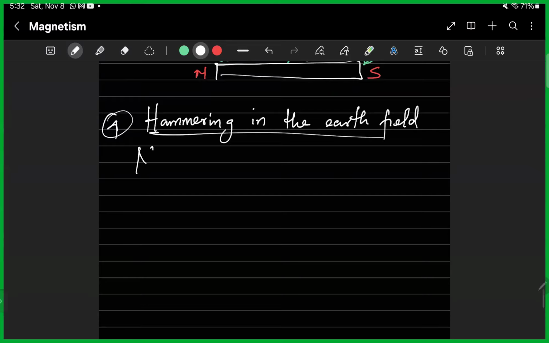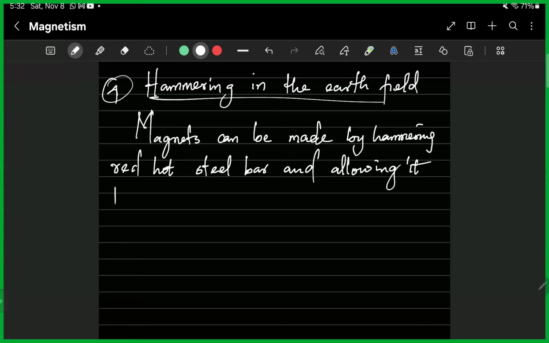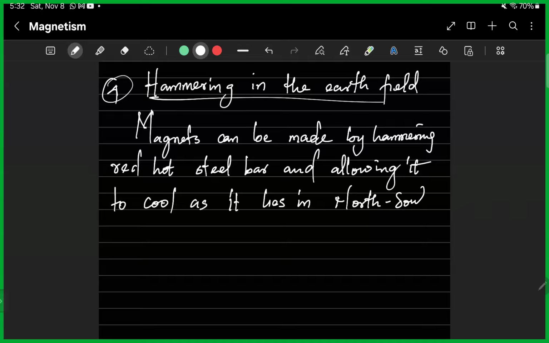So magnets can be made by hammering a red hot steel bar and allowing it to cool as it lies in the north-south direction. So put that in mind.